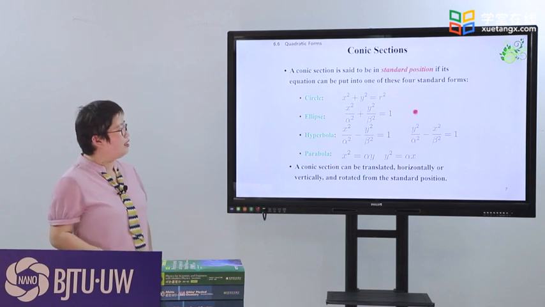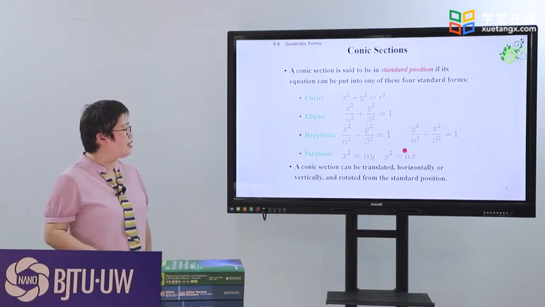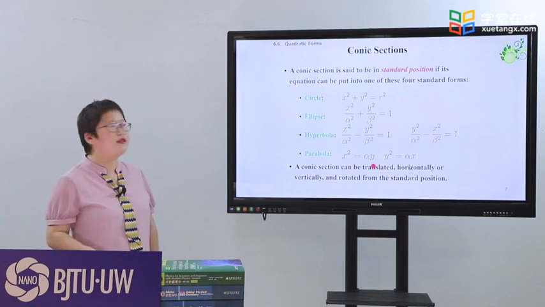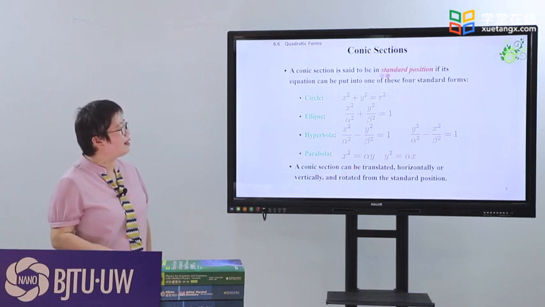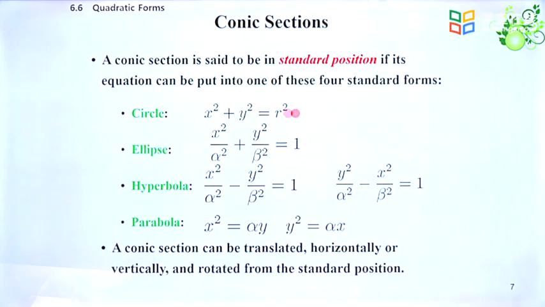So in most cases, you can have a conic section with its equation not strictly like this. But after we learn this section, you will know that by using linear transformation, we can transform those to a standard form like one of these formulas.